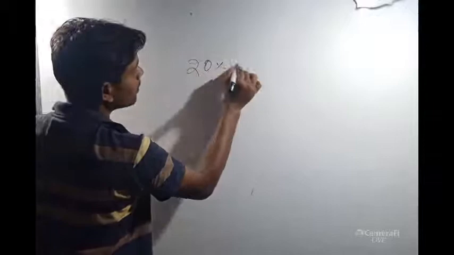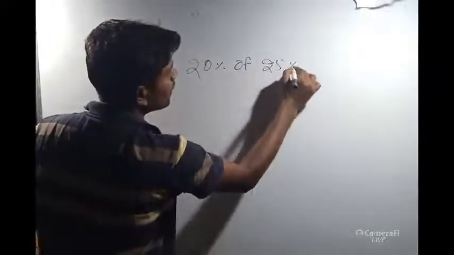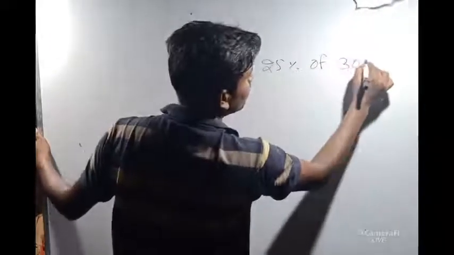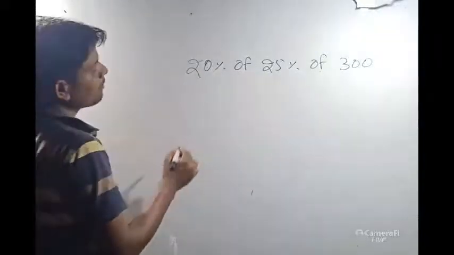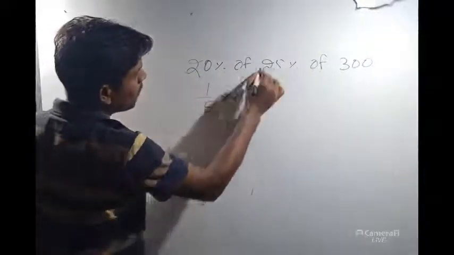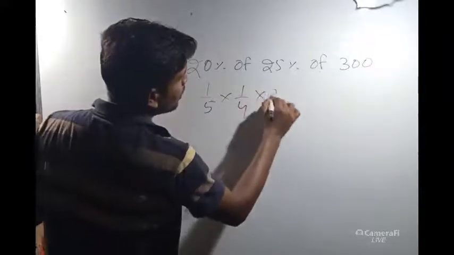Then next: 20% of 25% of 300. The answer is 15. 20% means 1 by 5 and 25% means 1 by 4 and this is 300.